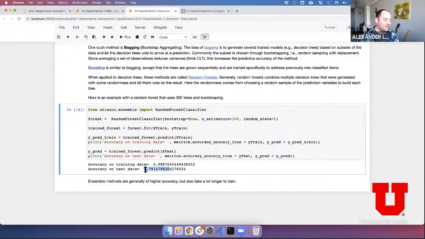In a bigger data set, we would expect the random forest to have a bigger effect. Generally, ensemble methods have higher accuracy. The obvious drawback, of course, is that creating 300 trees is 300 times more expensive than creating a single tree, and making a decision based on 300 trees is 300 times more expensive than doing this on a single tree.